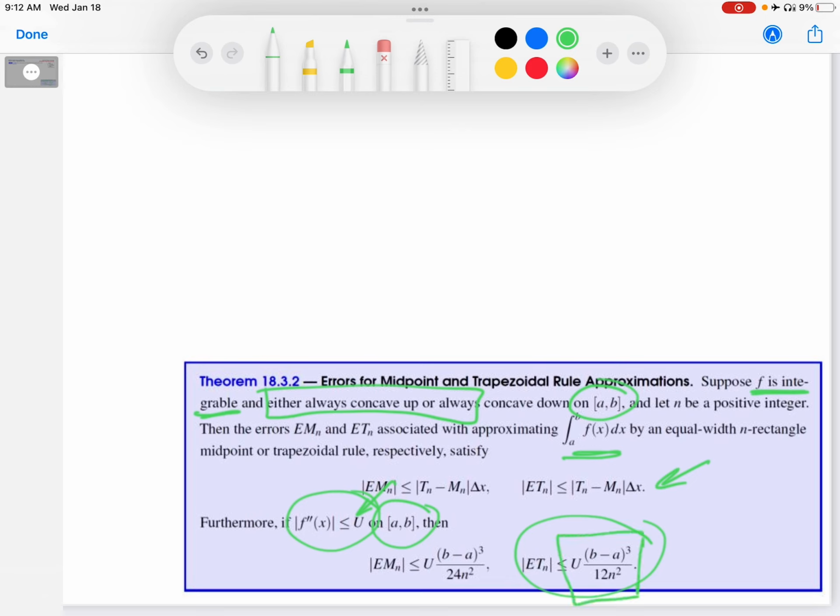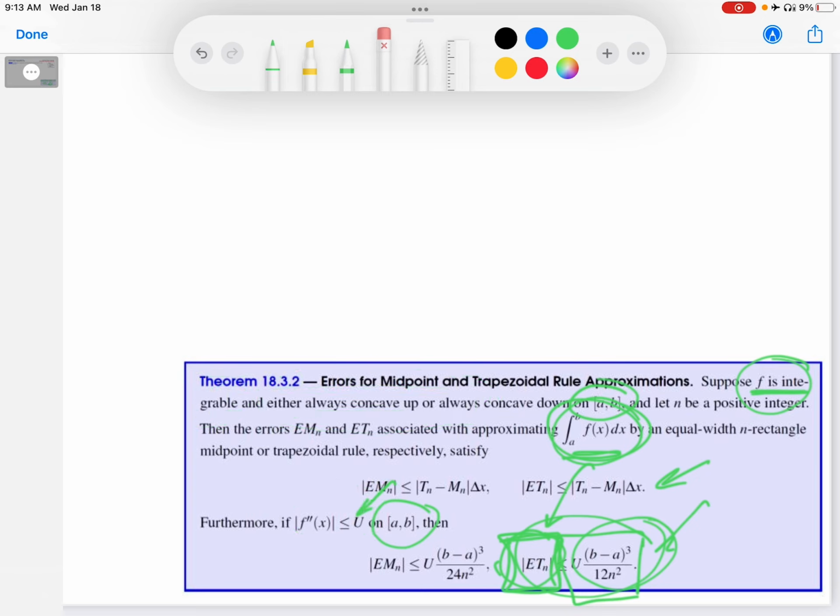So recap: if the function's integral is finite, it's either always concave up or concave down, and we know that the second derivative, which measures concavity, is at most this u, whatever the u is that we'll calculate in a minute, then the maximum error in approximating the definite integral by the trapezoidal rule approximation is this thing over here.